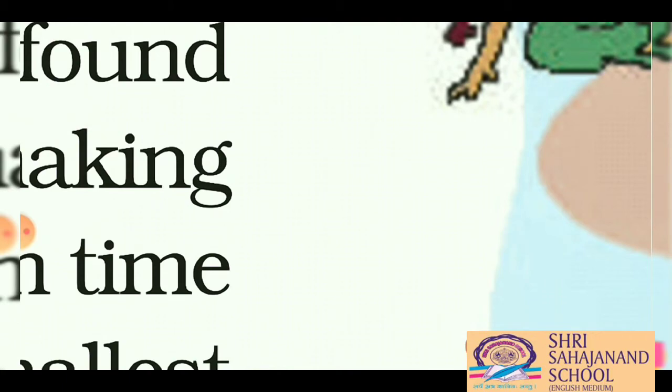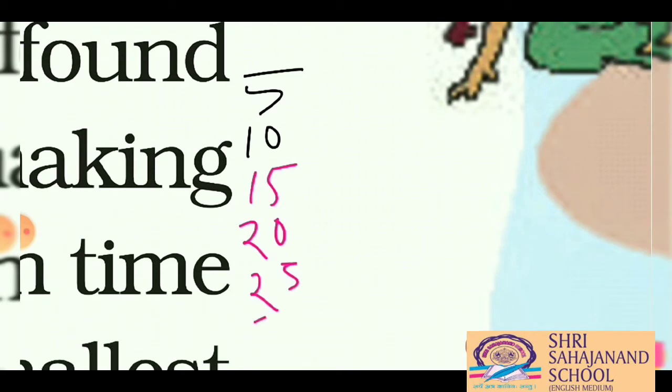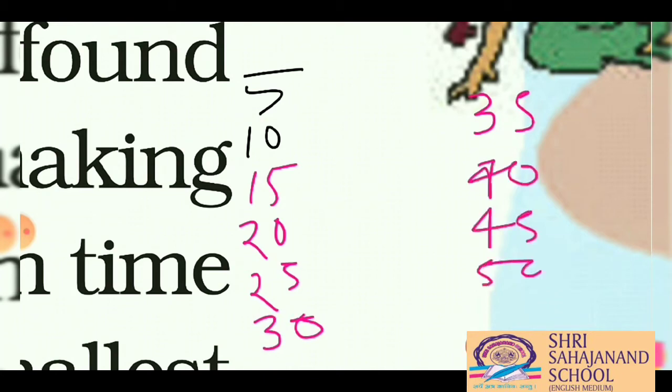What numbers? Which comes in the table of 5, means multiples of 5 I will write. So 5, 10, then 15, then 20, 25, then it is 30, then 35, it is 40 now, then 45, then 50, 55, and last I will write here 60.